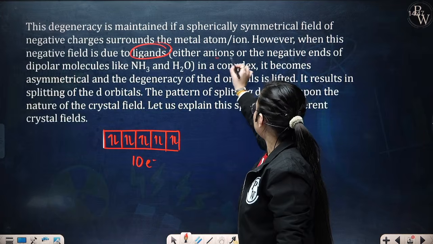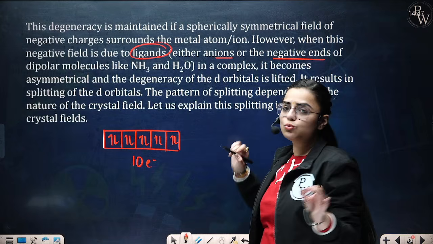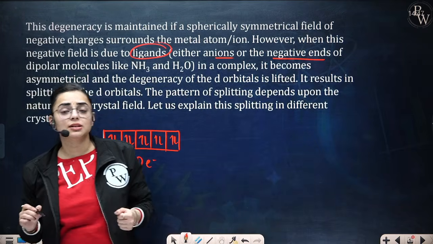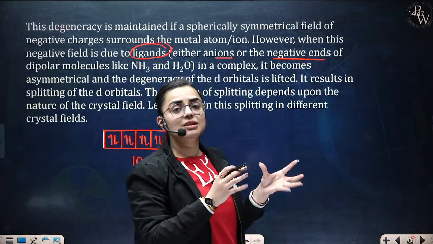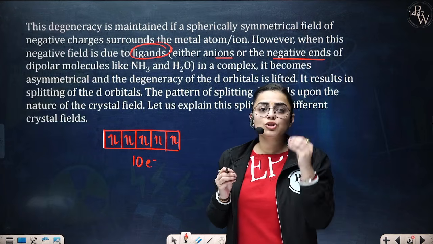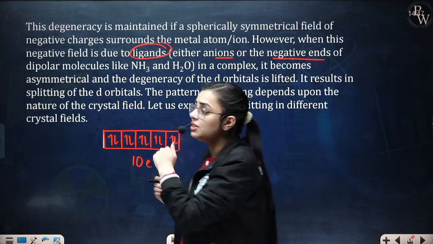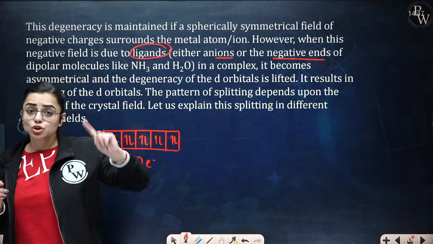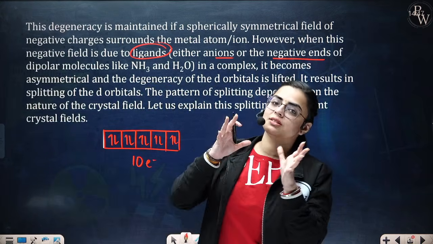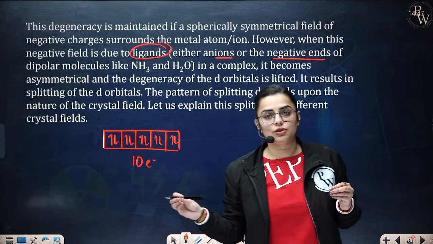The ligands can be anions or they can be the negative ends of molecules. Why do we always talk about ligands in terms of anions or negatively charged particles? Because ligands contain lone pairs of electrons and have a tendency to donate that lone pair to the central metal atom. So if it carries a negative charge, that means it has electrons on it so that it can donate them further. Am I right?